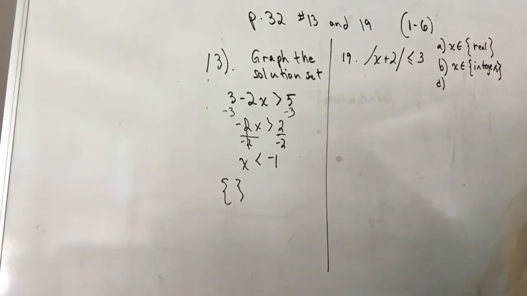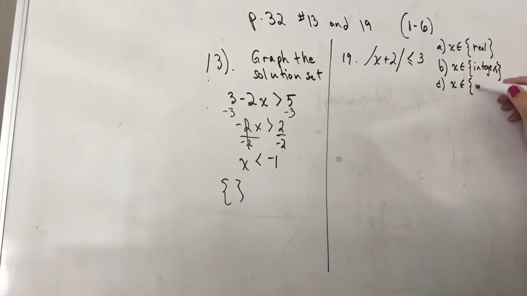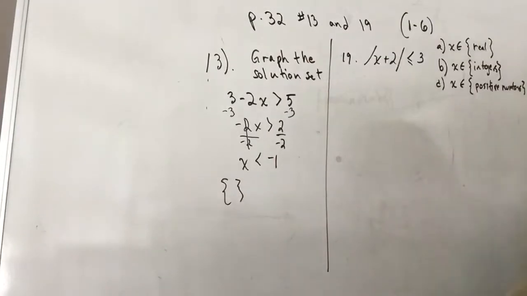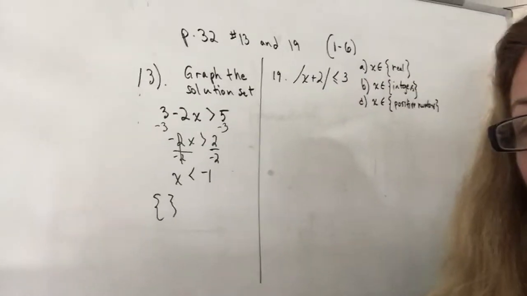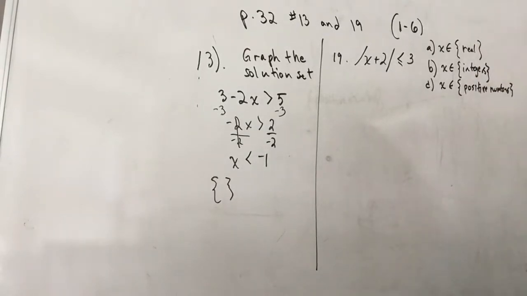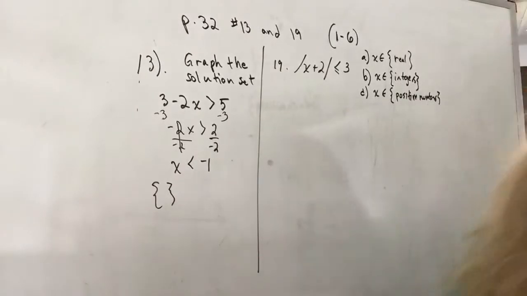And C asks us to find and graph the solution when x is an element of the set of positive numbers. Now notice it doesn't say positive integers, because when I first did this, I misunderstood what domain I was in, and I made a mistake. But I'm hopefully not going to make that mistake right now.